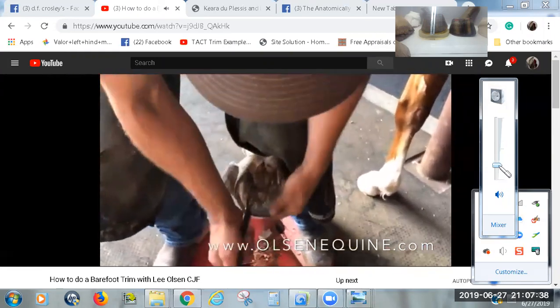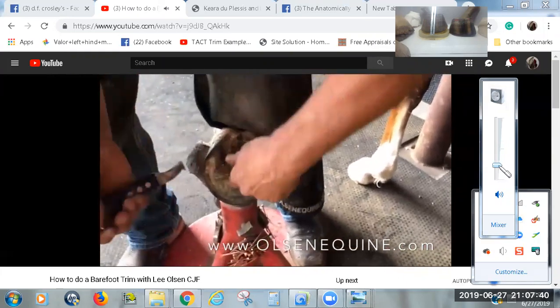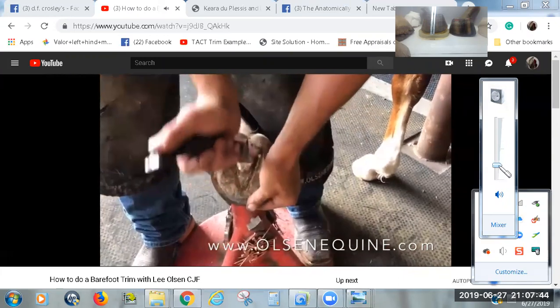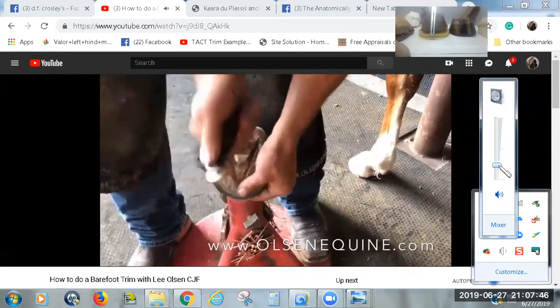First thing is clean it out. I want to leave as much frog as possible, but you kind of have to manicure it a little bit so it'll clean itself out.